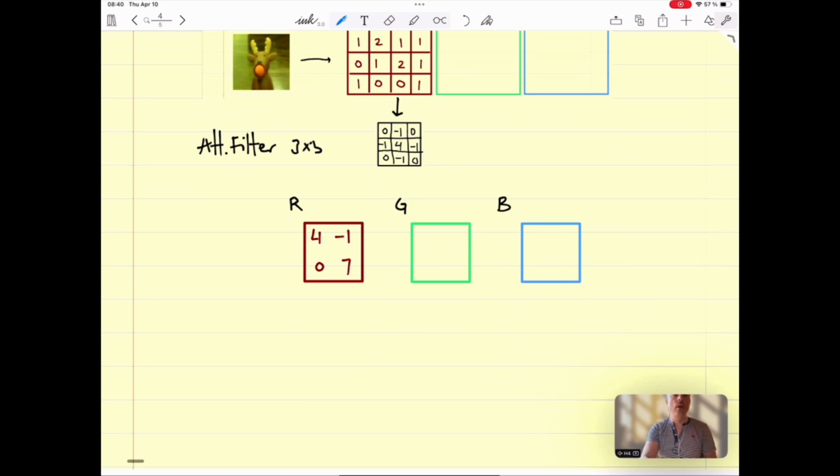So one might ask, what if we use a 2x2 filter instead of a 3x3 filter? Then we get a different output.